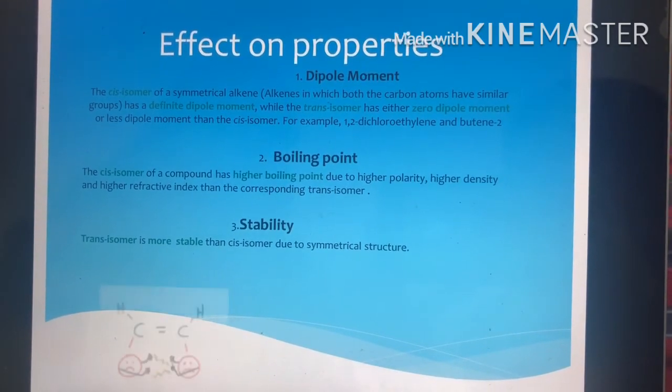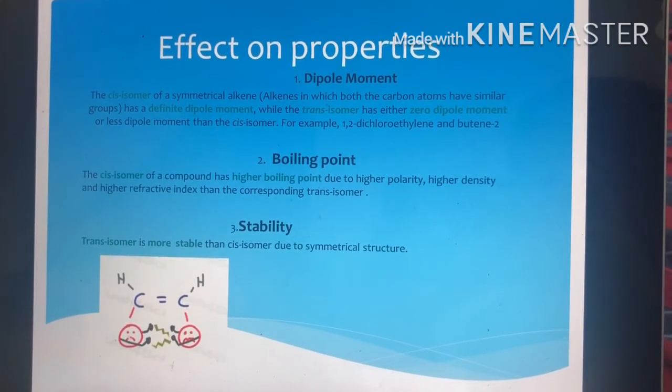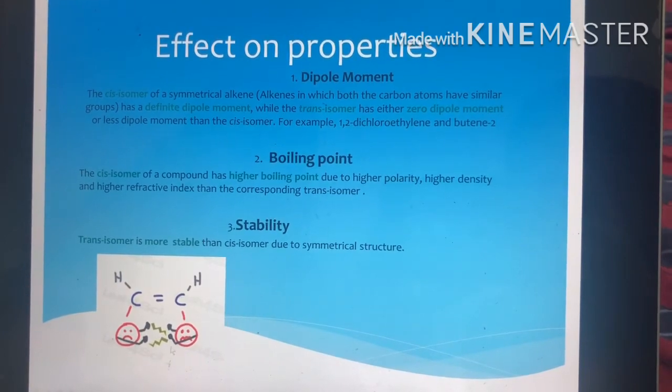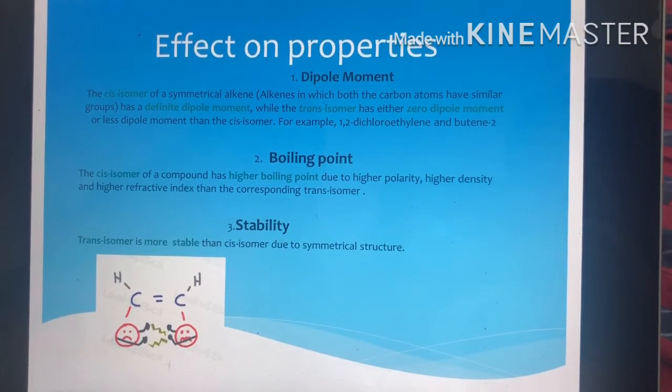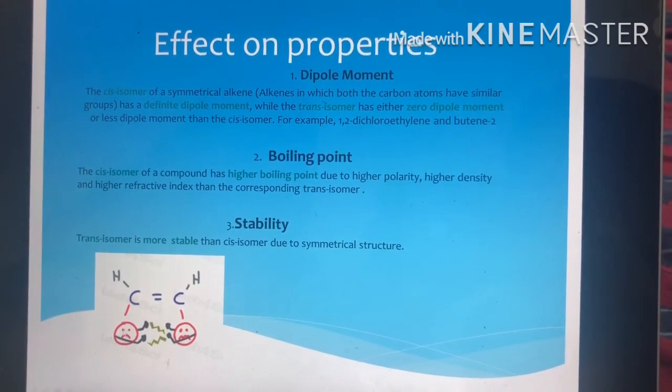Now why is it stable? Let us look at this example. This is a cis isomer where the same groups are present on the same side. Now let us look here. Suppose we think of it as methyl and methyl.